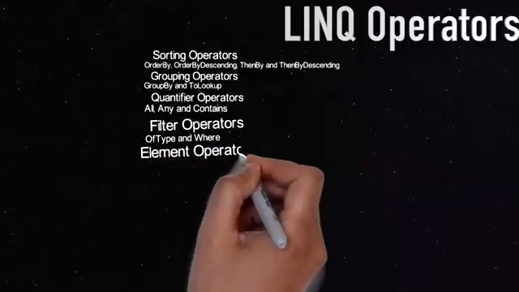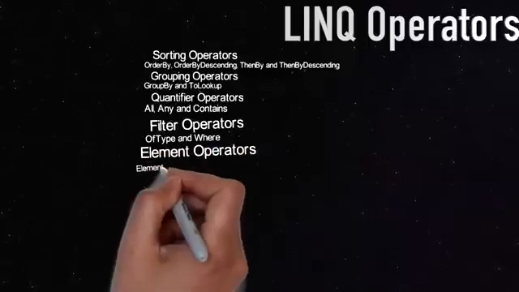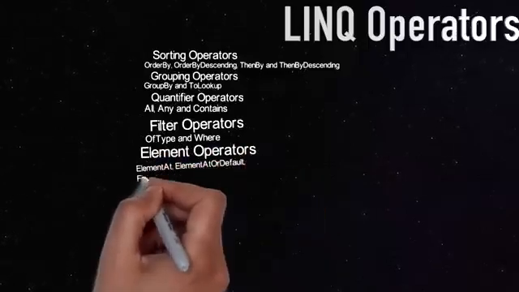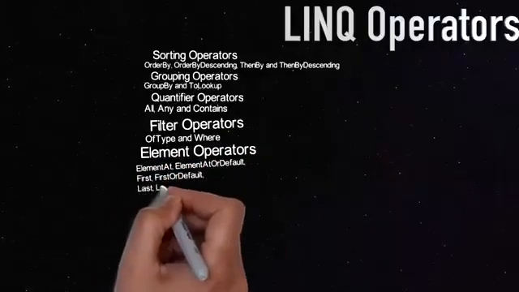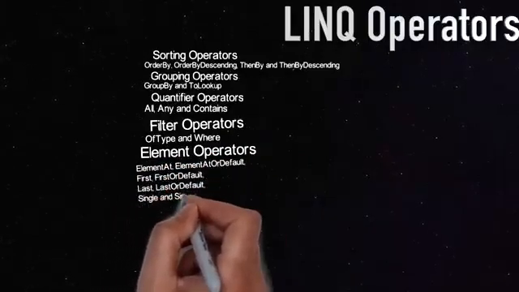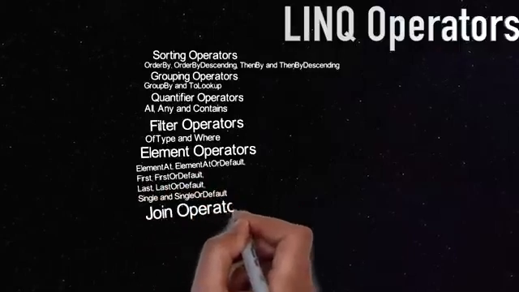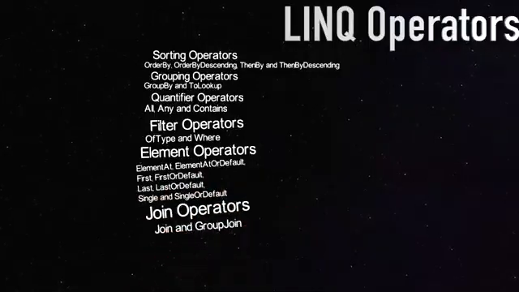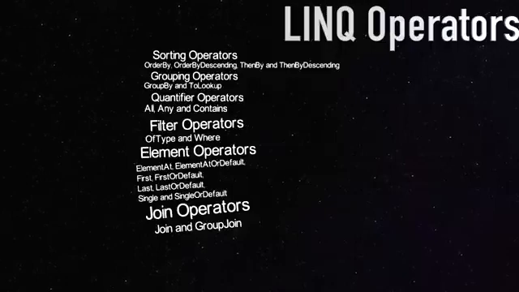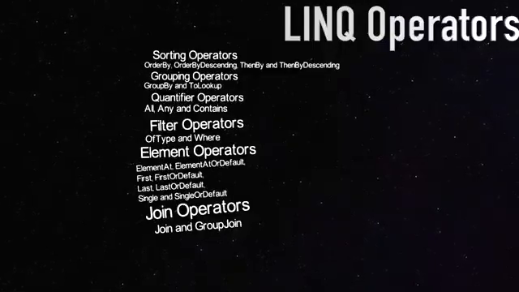The element operators, element at or default, first or default, last or default, single and single or default. The join operators, join and group join. We have already looked at the select projection operator, and we'll also look at the select operator in this video, and in addition to this, we'll also look at the select many projection operator.